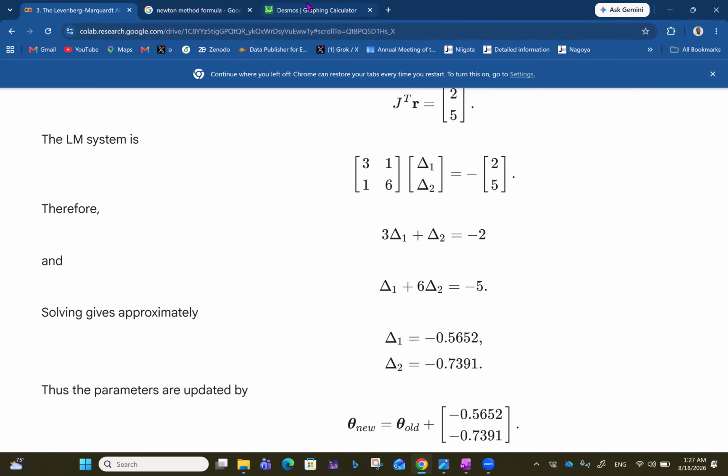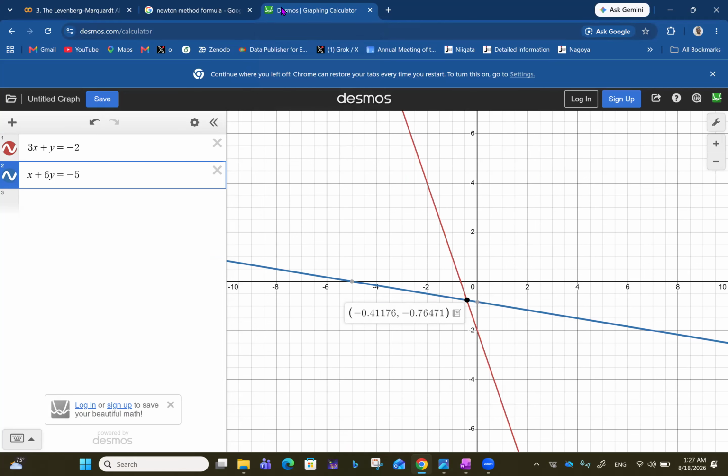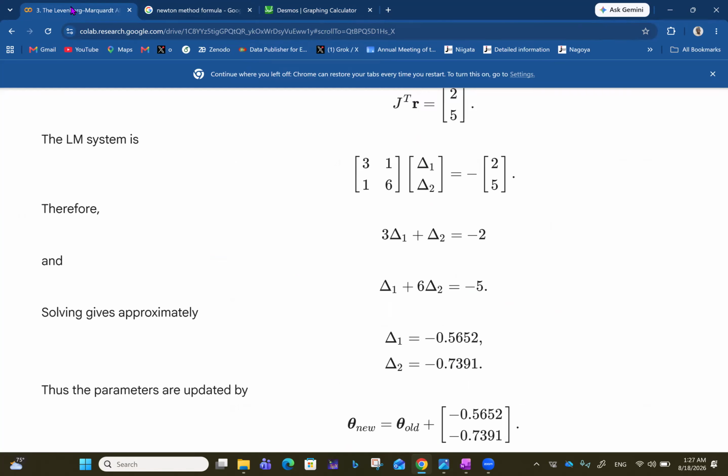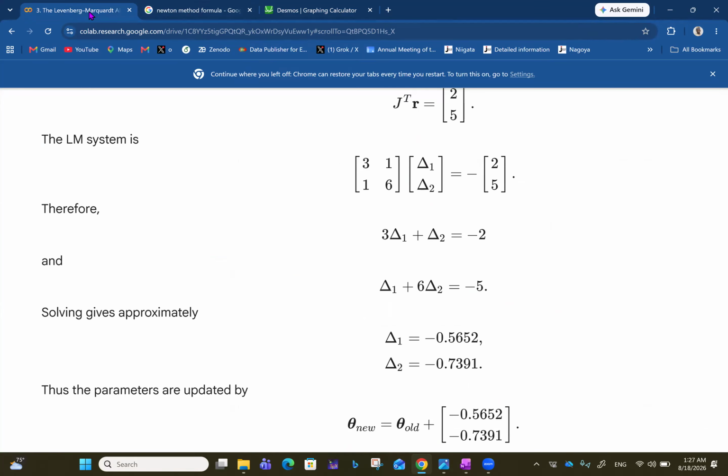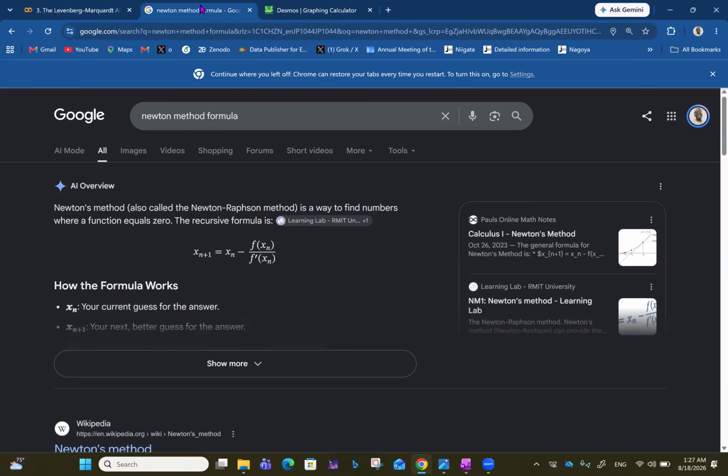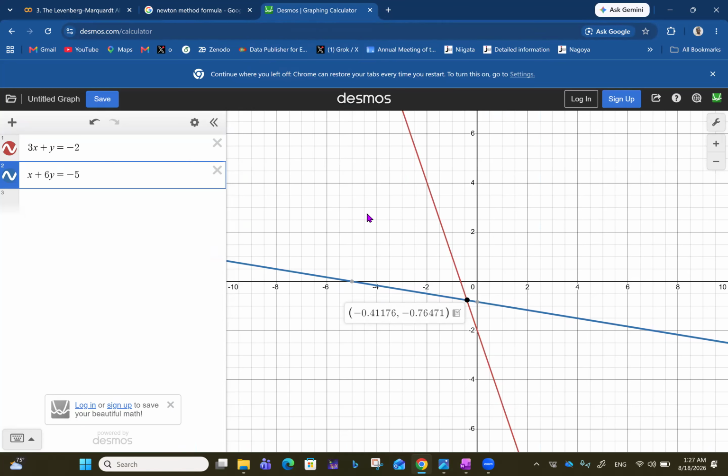Let me check the equations again. x plus 6y is minus 5. The first one, 3x plus y is minus 2.